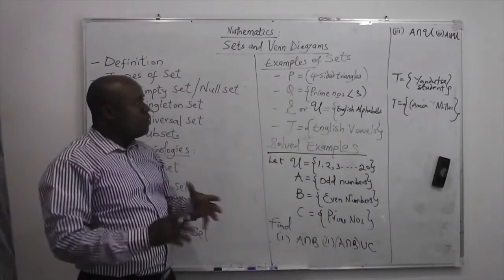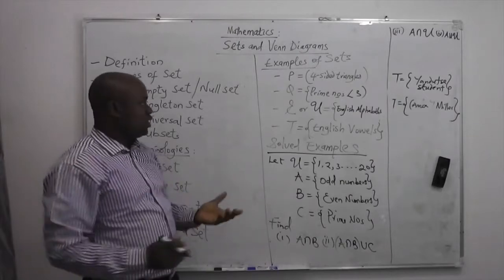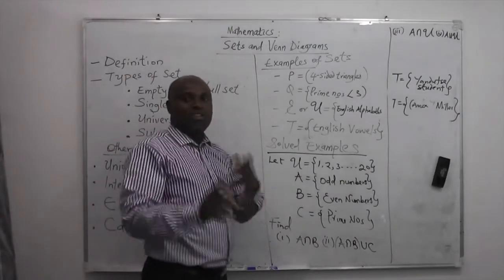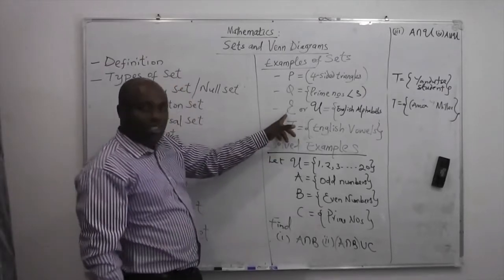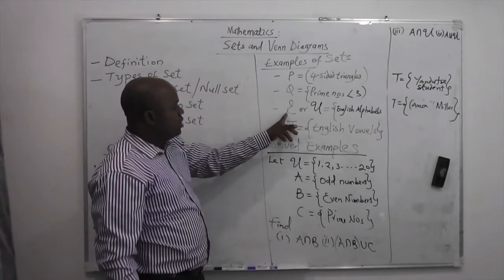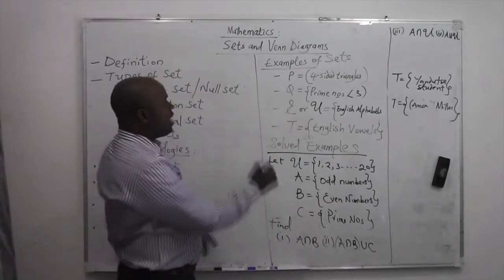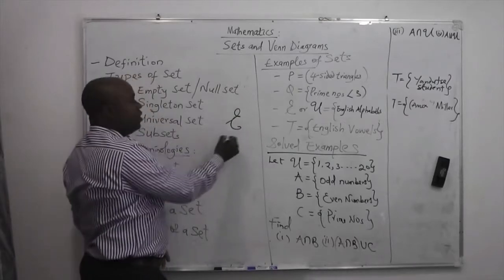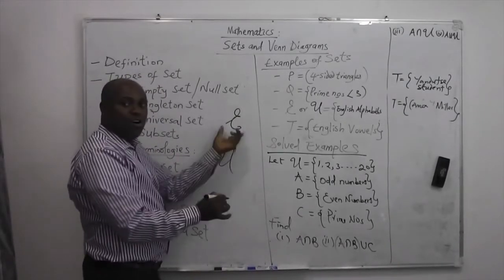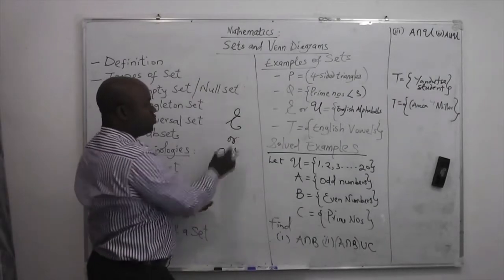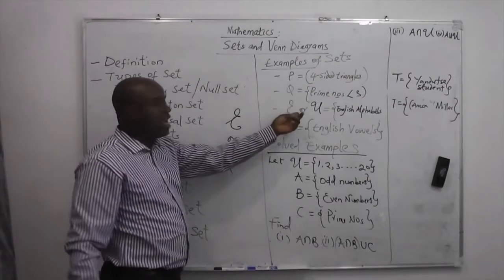Then when you come to exam, most of the things you'll be seeing are things that are generalized. So that's why we have this example. Usually these symbols, this is epsilon. It's just like E, like this. Or this, mu. They are all Greek alphabet. They are used to represent the universal set.